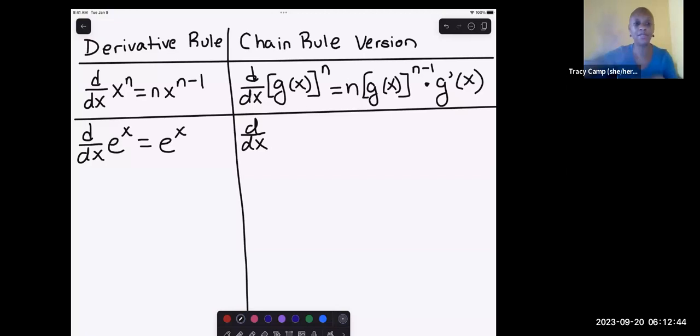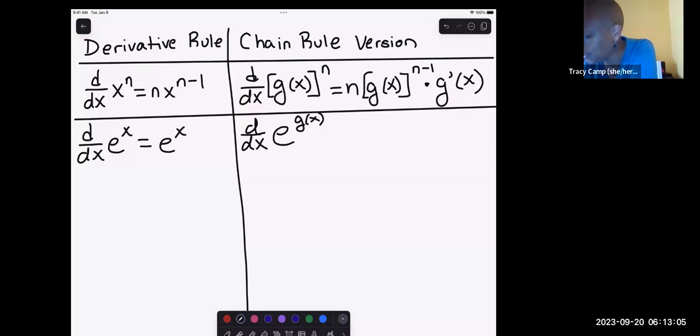So with all of these derivative rules, we'll be using the chain rule whenever, instead of just an x where we would normally have an x, we have some function, which we refer to as g of x, or the inner function.